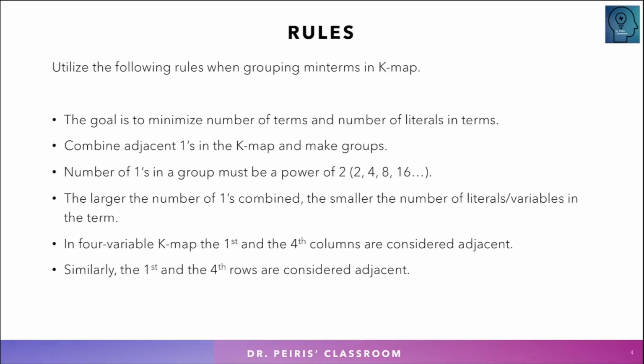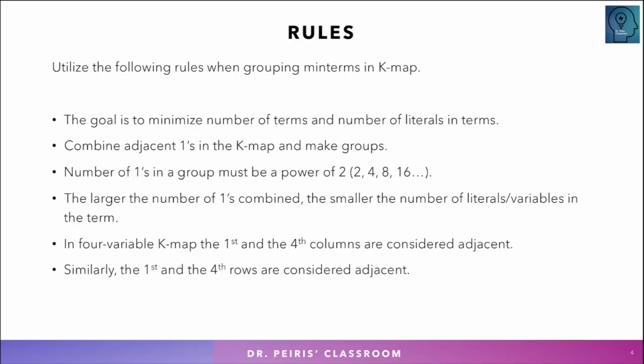Now let's see what rules we need to follow when we make groups of minterms in a K-map. Our goal is to minimize the number of terms in a given function as well as the number of literals, or the number of variables in a single term. To do that, we need to combine adjacent ones in the K-map and make groups.